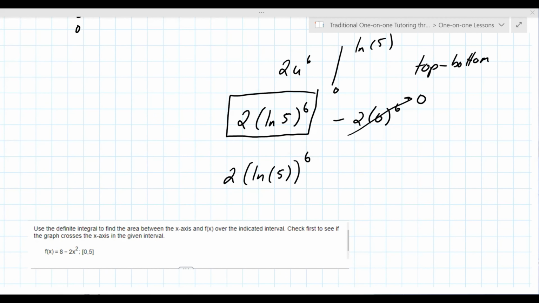Okay. All right, so we're looking at another problem here. Let me just frame this correctly.